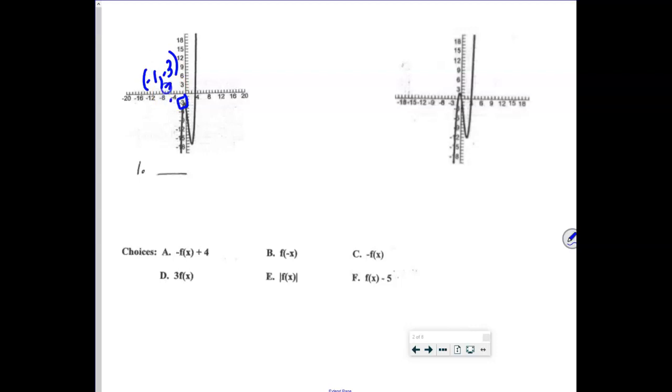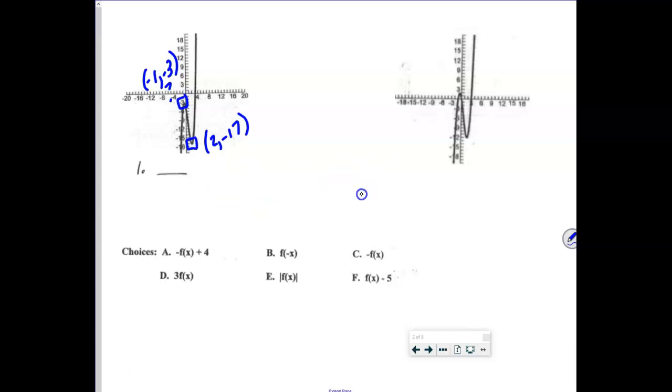I can't really see. And then this minimum is down here at, I don't know. Yeah, 2 comma -17, you think? I really can't see that. Man. Can't read that. Anyways, it's lower.